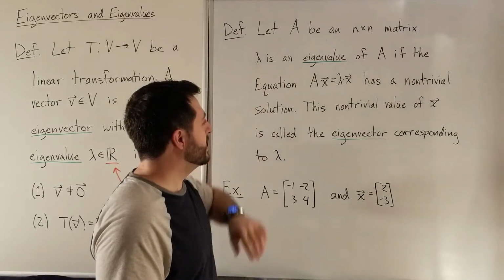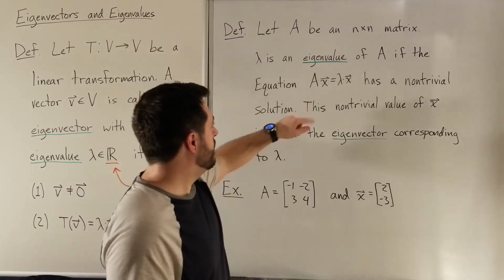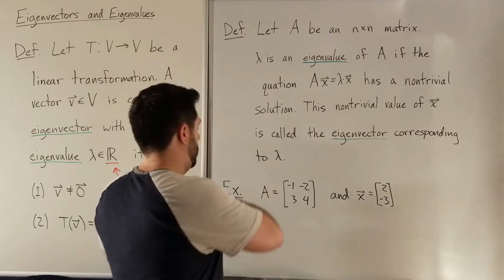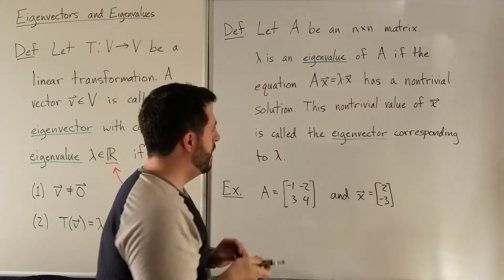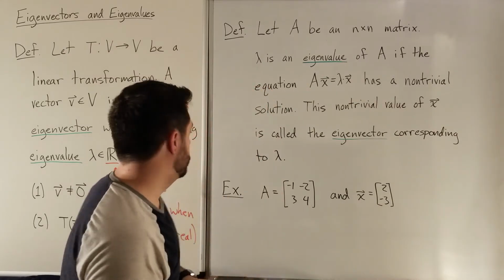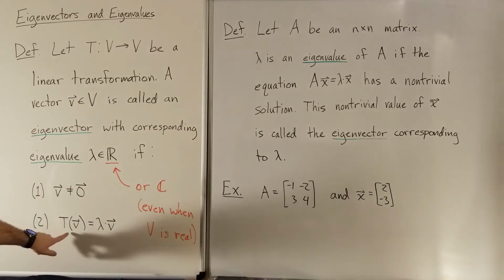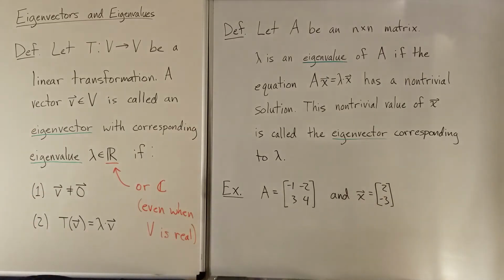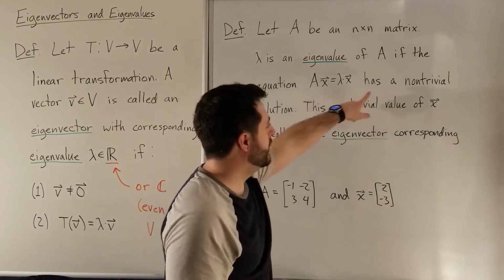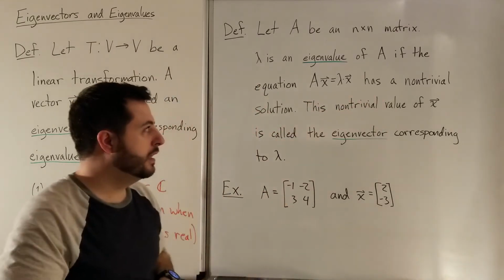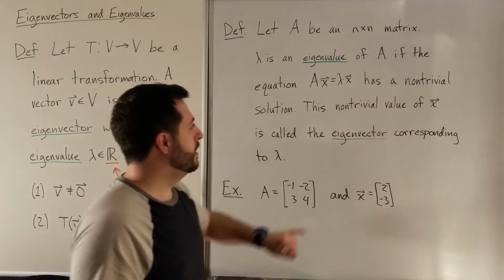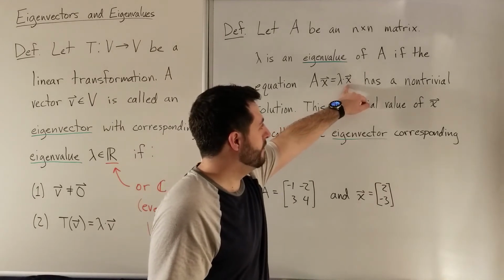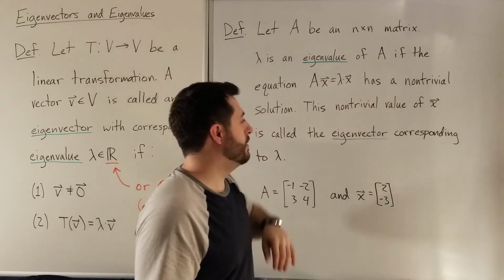So we say that lambda is an eigenvalue if the equation Ax equals lambda times x, which is the same thing as this equation right here, T of v equals lambda times v, has a non-trivial solution. So saying that the solution is non-trivial means that there is a non-zero vector x such that this equation holds.